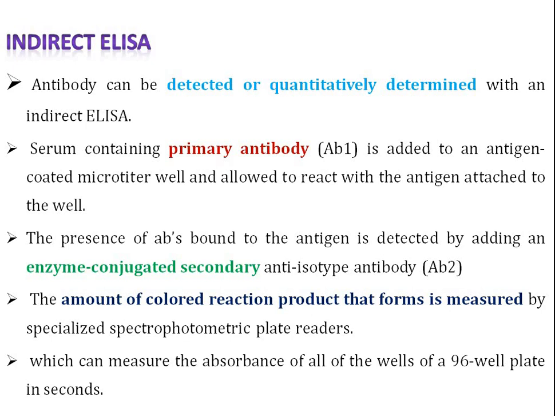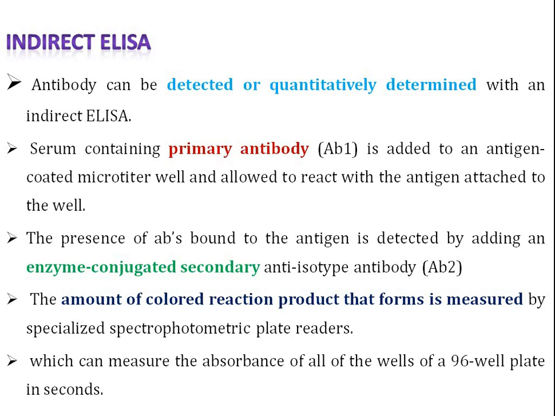The presence of antibodies bound to the antigen is detected by adding an enzyme conjugated secondary anti-isotype antibody. Finally, the amount of color reaction product that forms is measured by specialized spectrophotometric plate readers, which can measure the absorbance of all the wells of a 96 well plate within seconds.